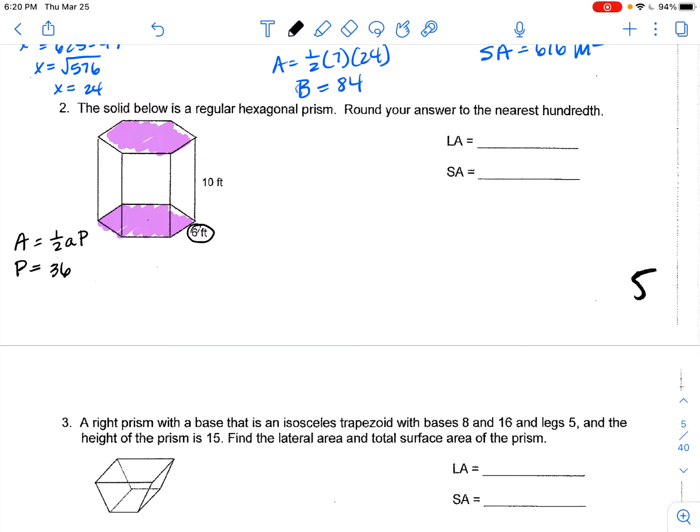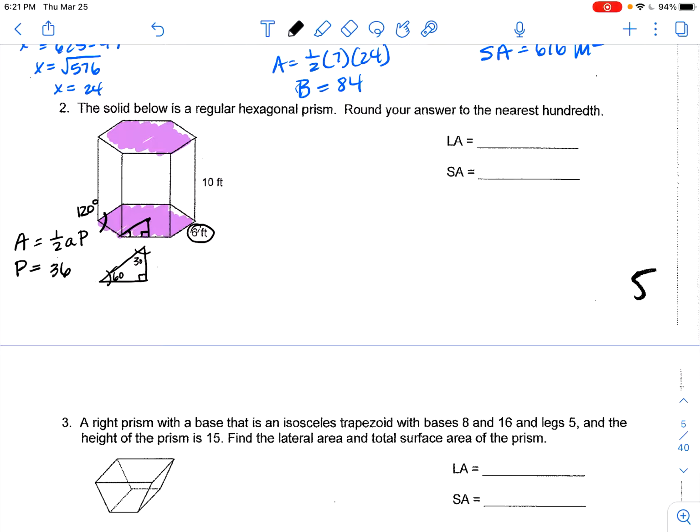Let's go ahead and draw in just like we did in our last unit. Hopefully you recall that one of these vertex angles is 120 degrees. If I cut this in half, I'm looking at this right triangle that has a 60 degree angle. Of course, you've got the 30 at the top.